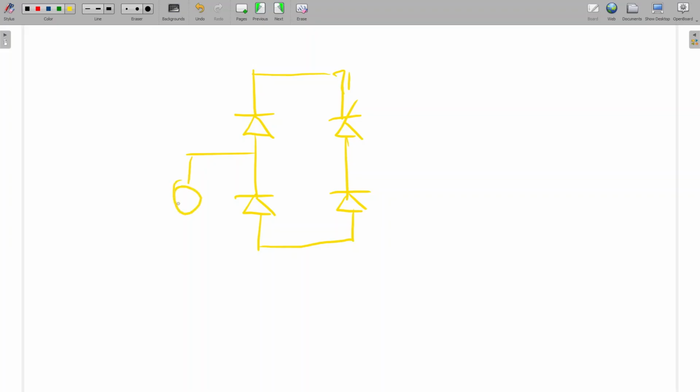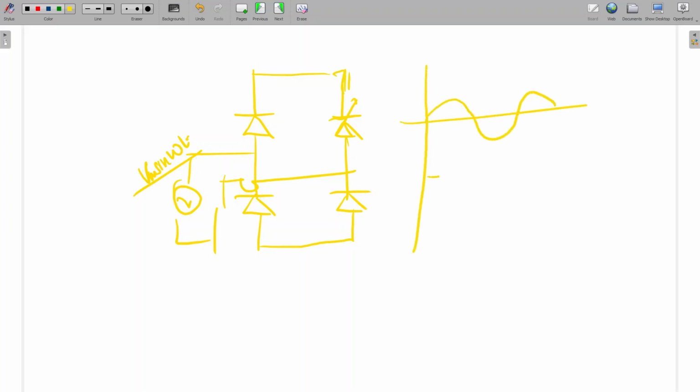Let's say this is the source voltage, Vm sin omega t. This we are firing at pi plus alpha, 3 pi plus alpha, like that. At the starting, what will happen? D1 and D2 will become forward biased, so it will conduct like this. Again, after 180 degrees we are firing this one at pi plus alpha, again 3 pi plus alpha.